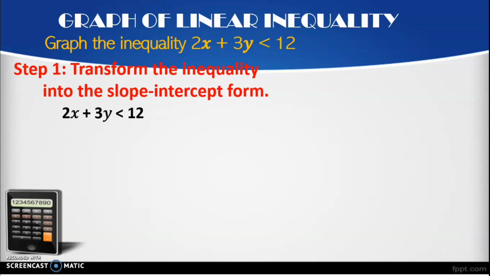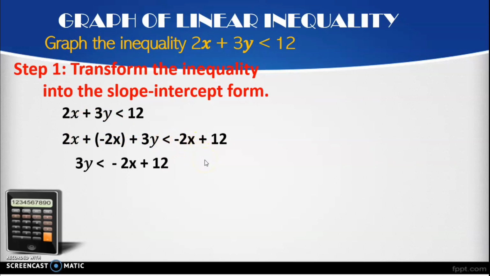All we need to do is add negative 2x to both sides, para ang matitira sa left side ay ang 3y na lang. So, 2x plus negative 2x is 0, ang matitira is 3y less than negative 2x plus 12.